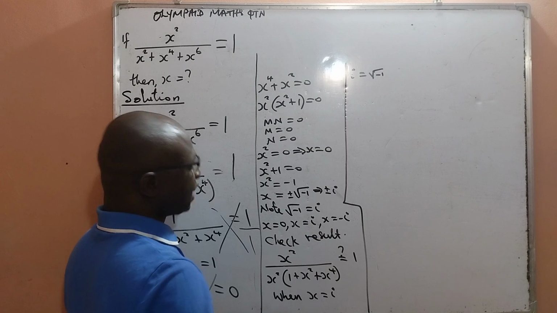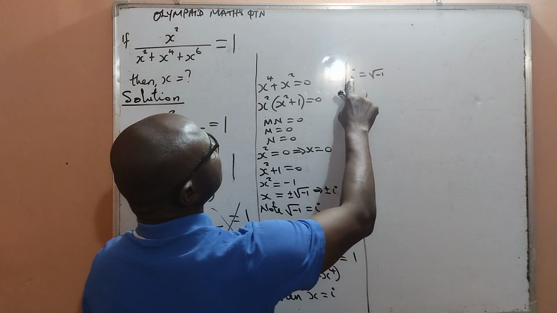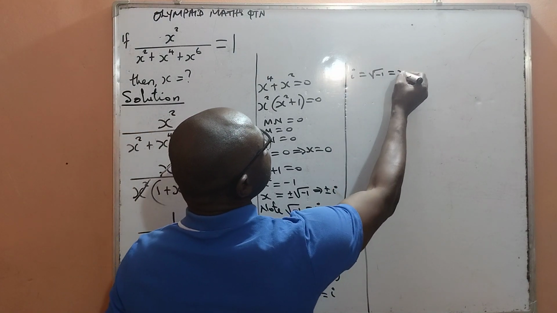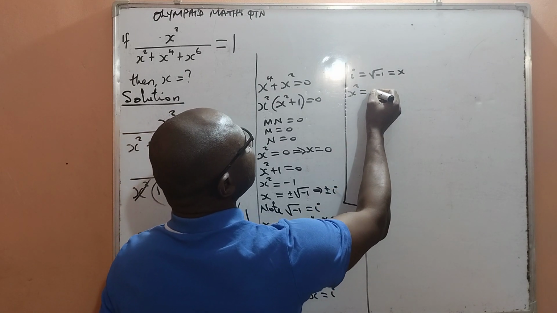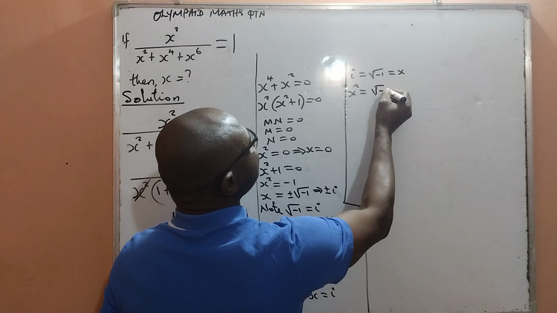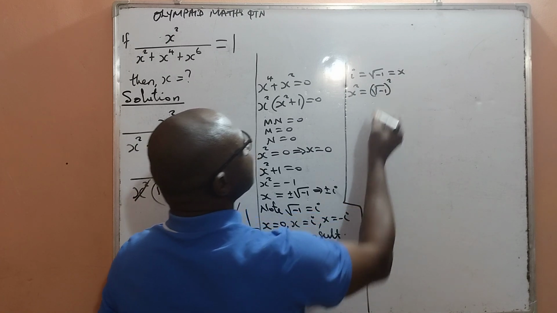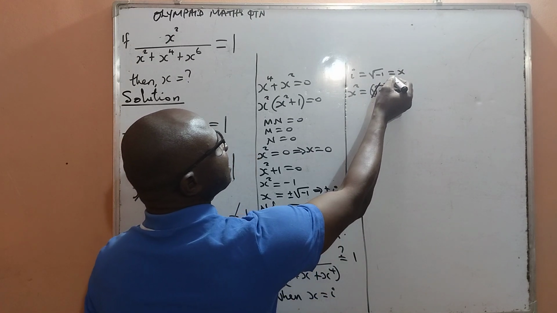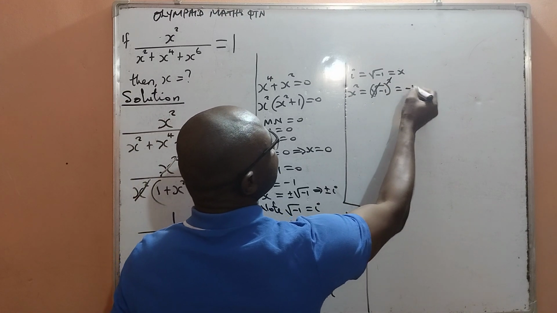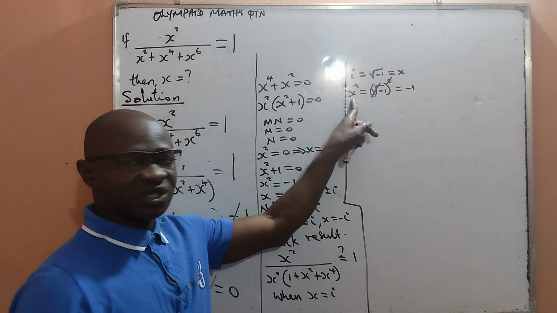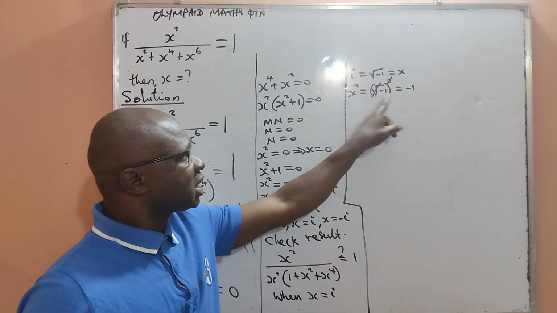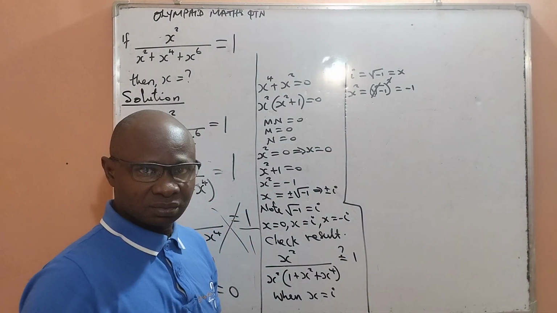Therefore, the same i is equal to x. It means that x squared will now be equal to square root of -1, squared. So you can see the square and the square root can cancel out, leaving me with -1. What this means is that anywhere I see x raised to the power 2, I'll replace it with -1.